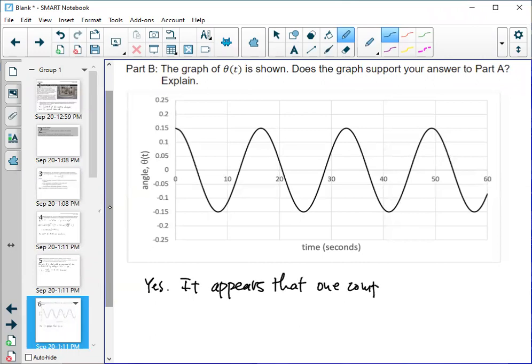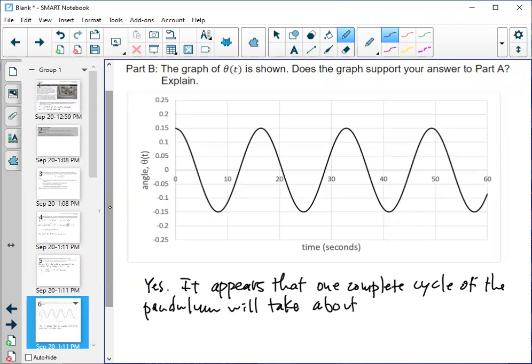So if we think of one cycle, if we start here at 0 and we trace this all the way down and then back up to one cycle, it looks like we're somewhere about 16.